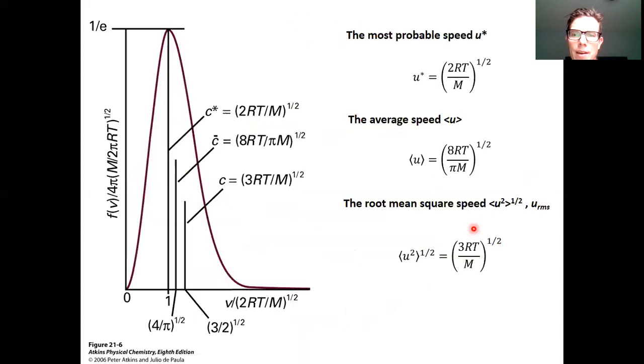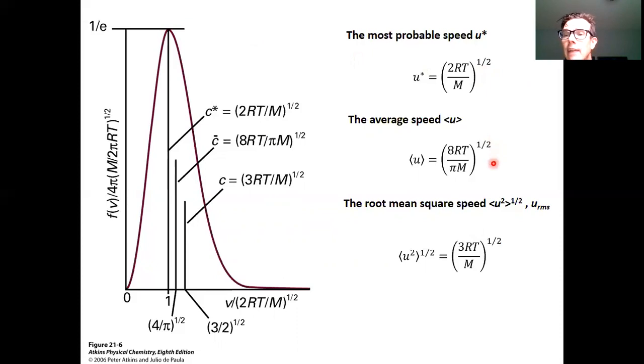All right, putting it all together, at the end of the day, we can derive three quantities, or there's three common ones we use. The first is the most probable speed, which is usually called u star. Again, u star is the maxima of this curve, and it is given by this expression here, 2RT over m to the 1/2.